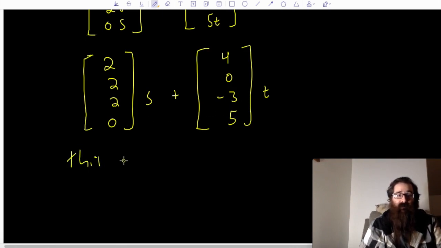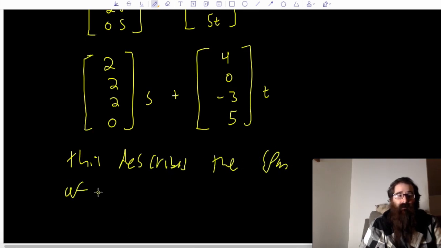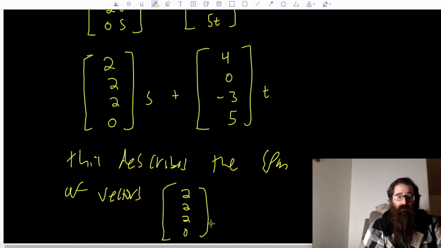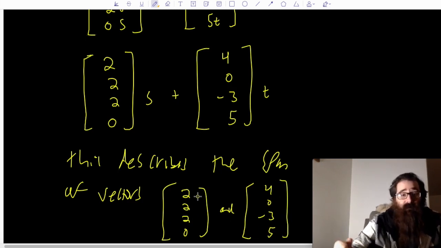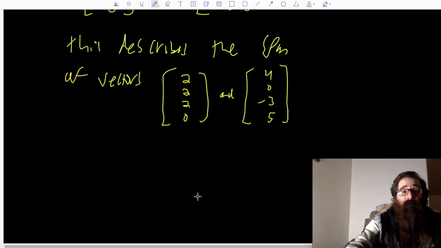So I'll say this describes the span of vectors. What vectors do we have? We have 2, 2, 2, 0, and vector 4, 0, -3, 5. We're describing the span of these 2 vectors. And these vectors live in R4.